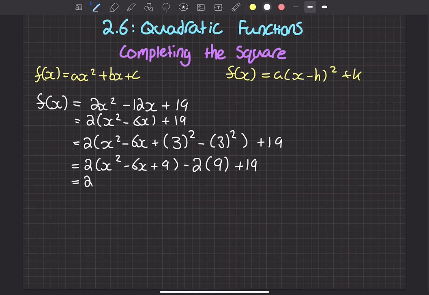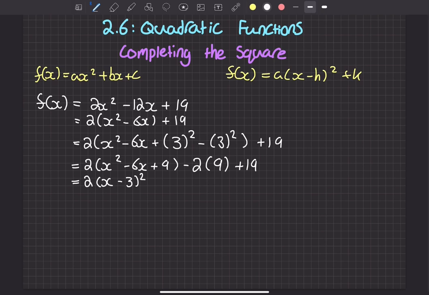And now, this is where you complete the square. Now this here is basically equal to x minus 3 squared. And how do we know this? Well, if we expand x minus 3 squared, you'll have x squared minus 6x plus 9, right?